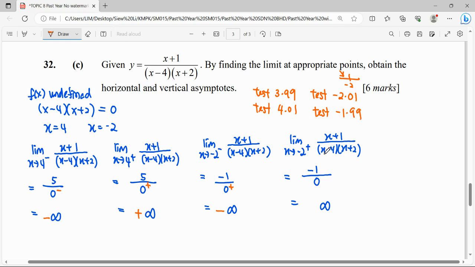So we try to substitute here, negative 1.99 minus 4, then negative 1.99 plus 2. So you can see that it is negative 0.0 something. So it approaches 0 negatively. Then the whole fraction concludes negative over negative, it is positive.